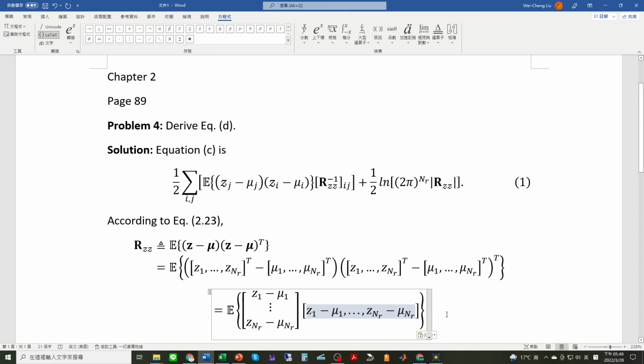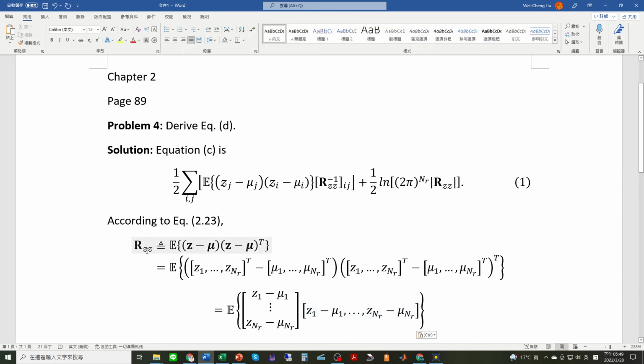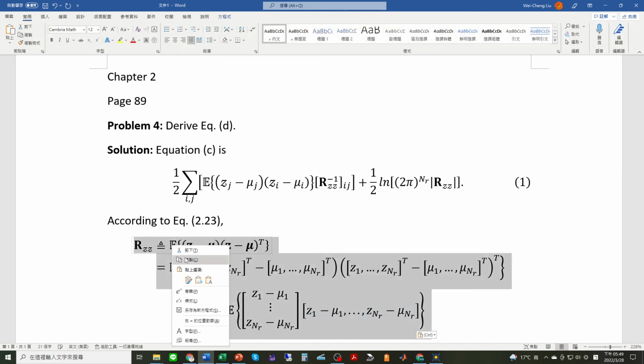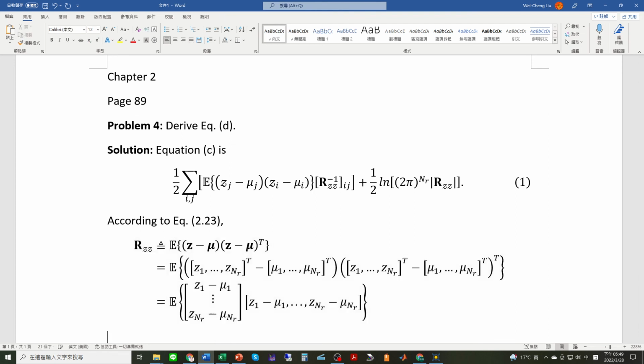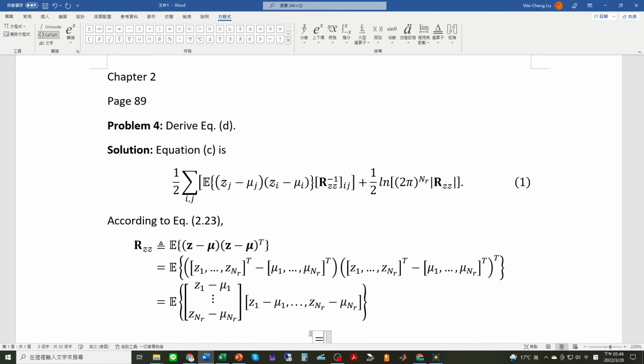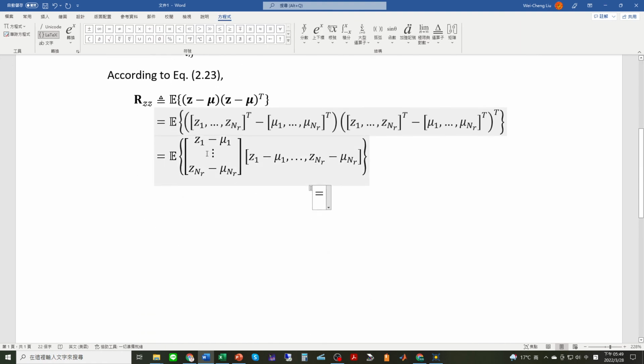Okay, like this. Align at the equality sign. Good. And finally, we can multiply this vector by this vector, and we will have a matrix.